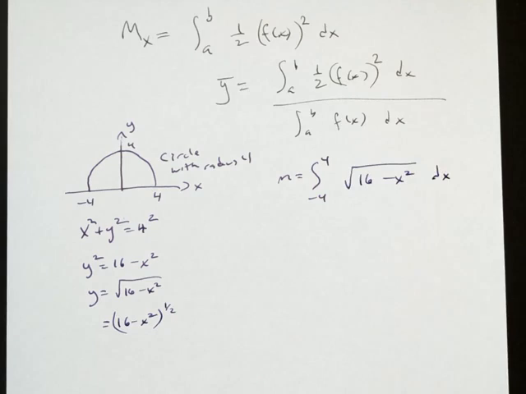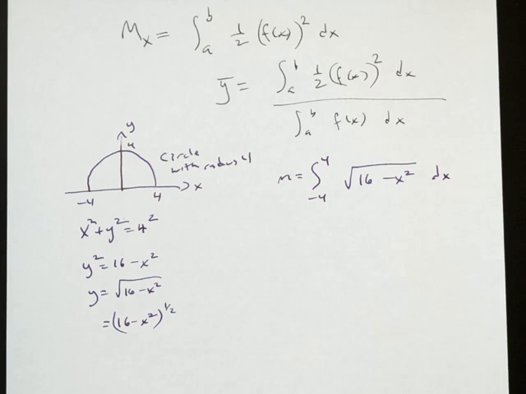Now, problem number 1. That integral sucks, because that's a trig substitution, right? But I don't have to do any calculus. Why? Because I'm a cheating mother. Yes, this is half a circle.